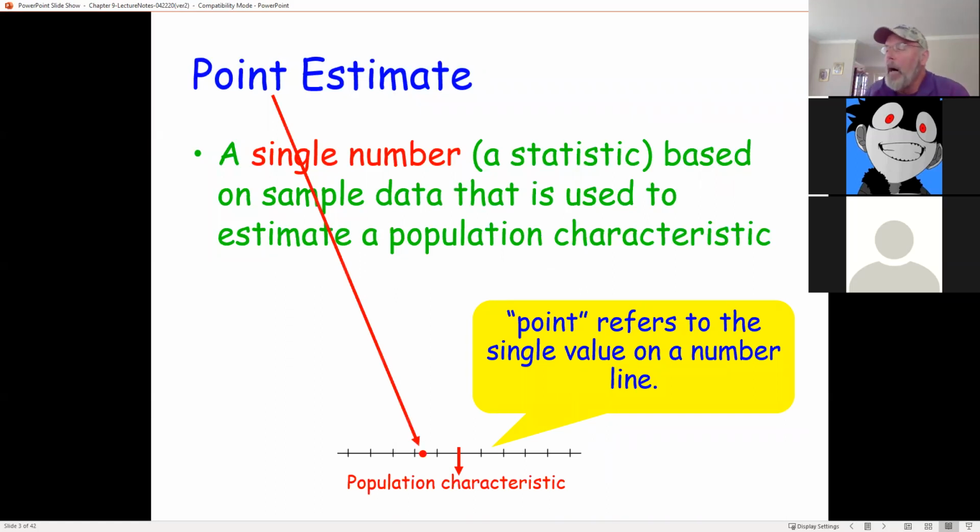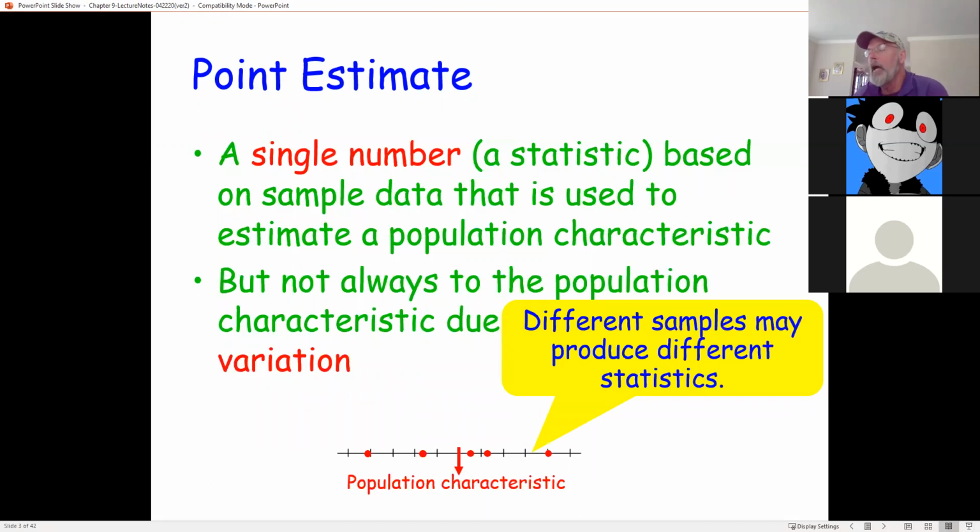So say the population characteristic is right here at the arrow, and the point estimate is close to the arrow, but it's not exactly on the arrow, okay? So the point refers to a single value, and it's very close to the population characteristic, but it's not exactly on it.